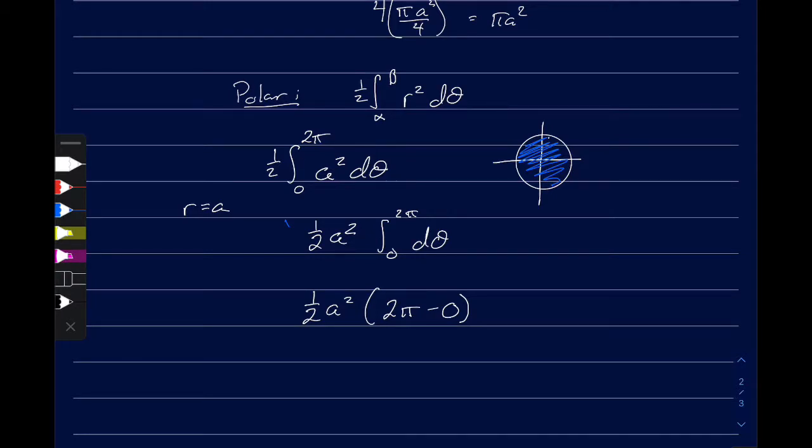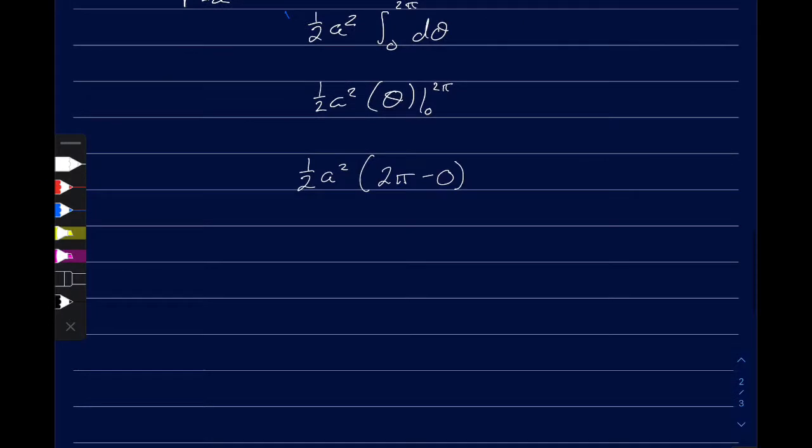If we want to fill in that extra step, we get 1/2 a squared theta from 0 to 2 pi. And then we have 1/2 a squared times 2 pi minus 0. The 1/2 and the 2 cancel each other out, and we're just left with pi a squared.